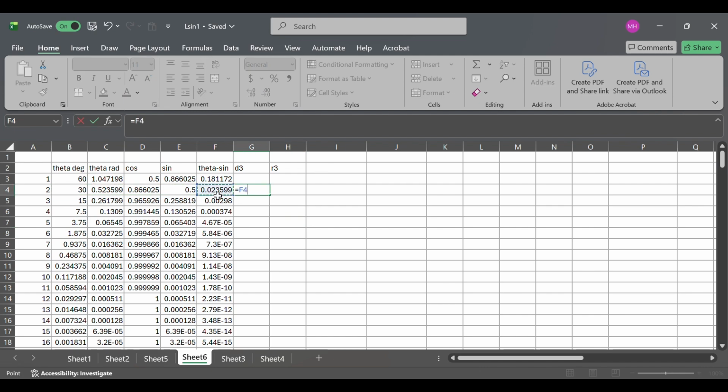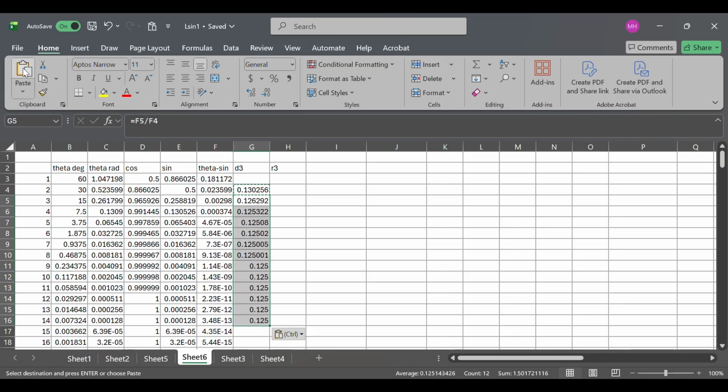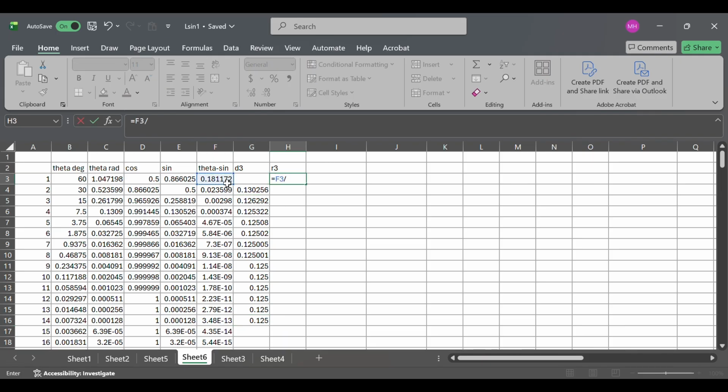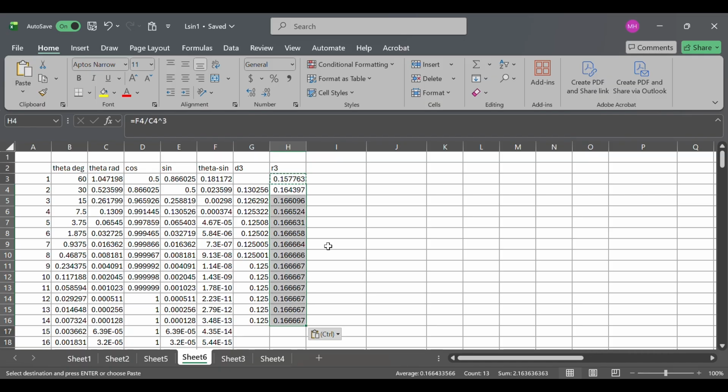And then we're going to see how quickly theta minus sine declines. And it's 1 over 8. In other words, each one is 1/8 as big as the previous one. That means it's a third order process. And we're going to divide the residual by theta cubed.